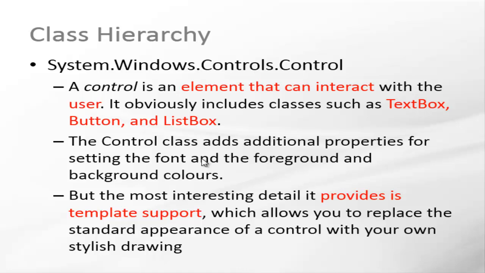How did it appear? It appeared because the button can support a template. So the appearance of the button is because of the template. You change the template, the appearance of the button changes. You change the template of a list box, the appearance of the list box altogether changes. So when somebody says it's a control, the control has its behavior but not its appearance.